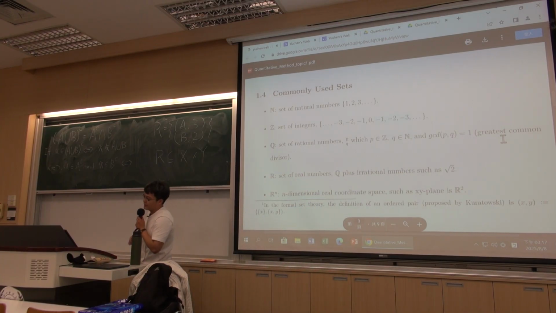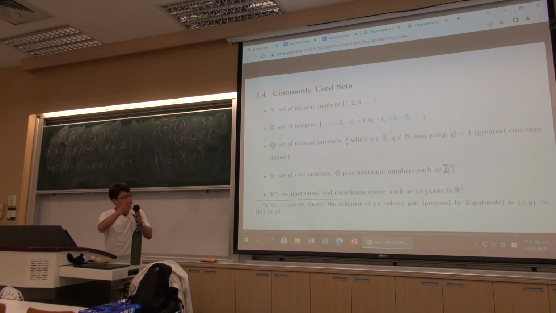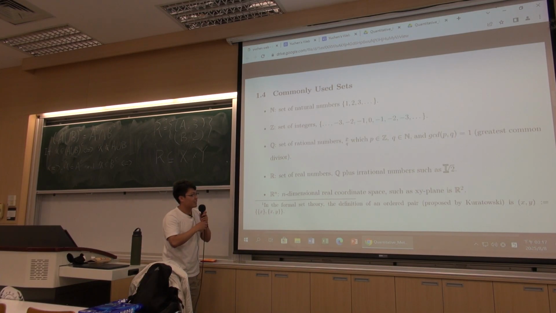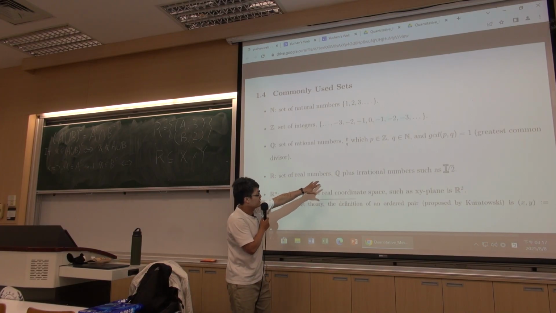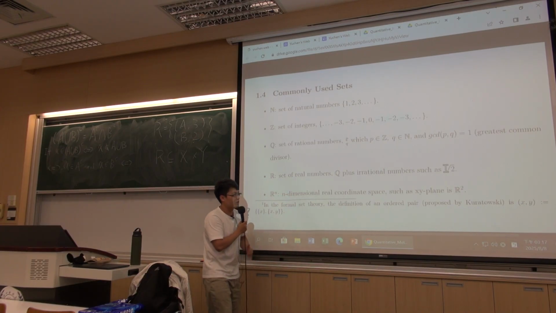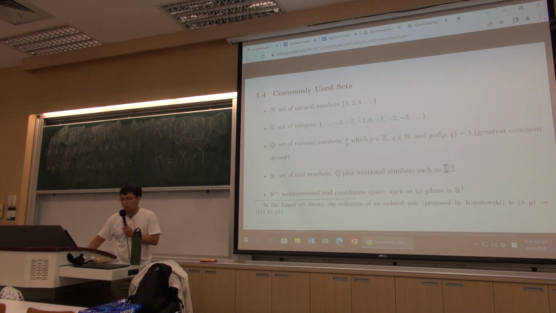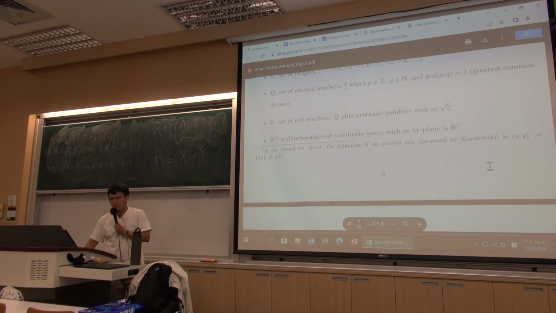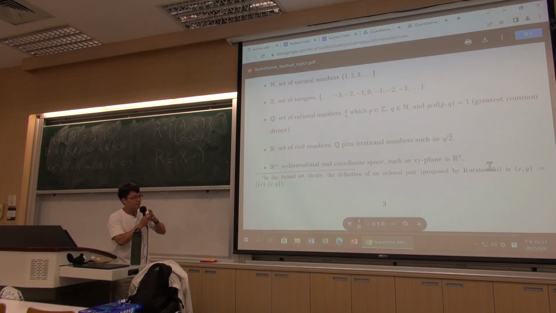Okay, so that is the definition of a rational number. And an even bigger set is the real numbers, which contain the rational numbers and also irrational numbers, for example, the square root of 2. And you can also construct an n-dimensional real coordinate space, for example, R2, which is our xy plane that we often use.